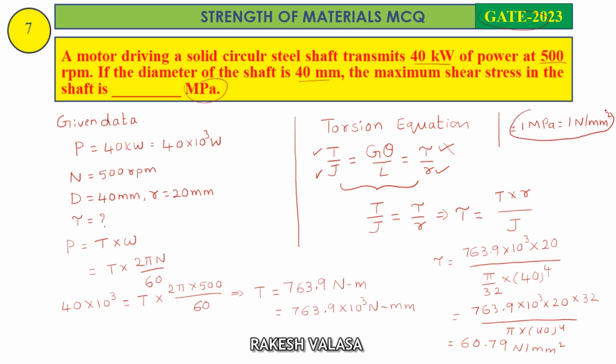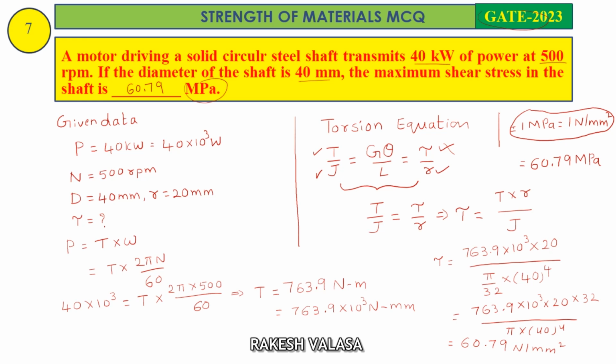This is the relation between 1 megapascal and 1 Newton per mm square. So the answer is 60.79 megapascal. So here the answer is 60.79 megapascal.